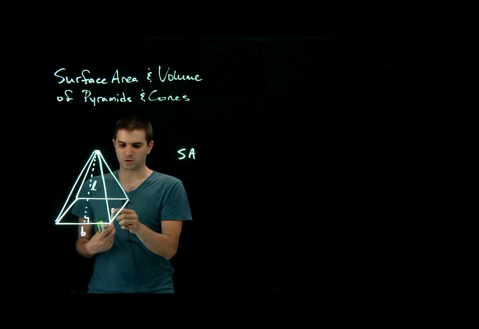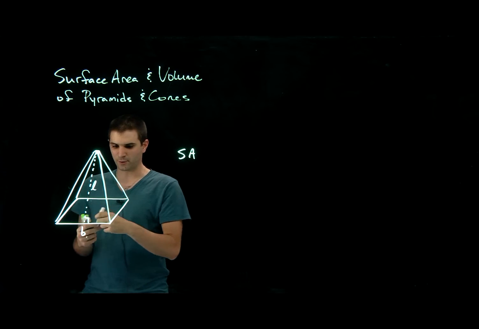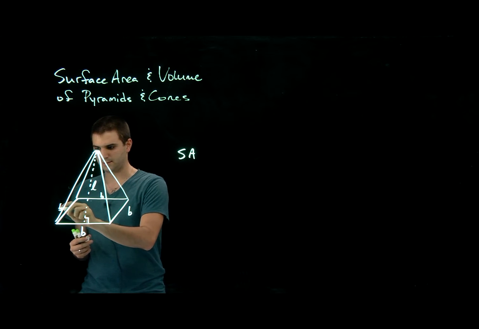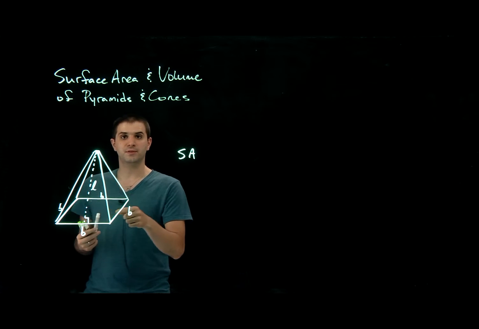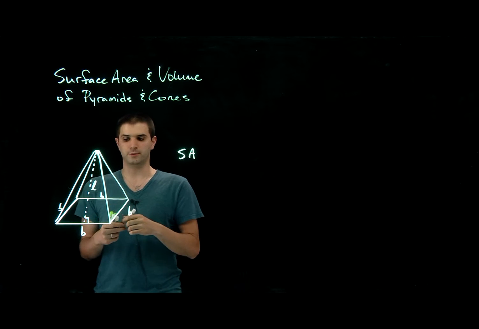Now if we do that 4 times, 1, 2, 3, 4, then if you add all of these bases up, that's going to be 4 bases, or we could call it the perimeter.